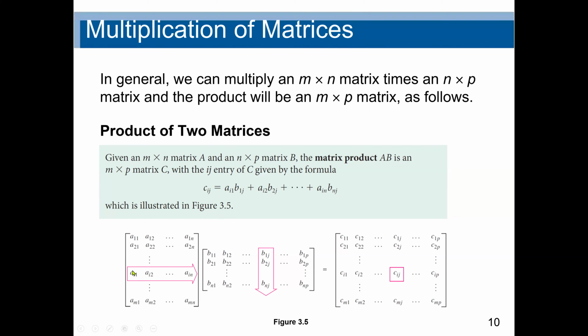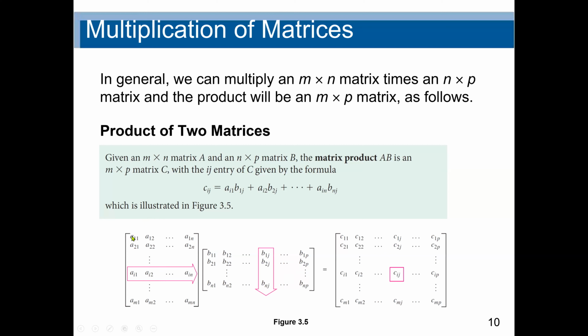So here, for example, I have matrices A and B. I'll check the number of columns here is 1, 2, up to n. And the number of rows is B1, B2, up to n. So the number of columns of the first matrix is equal to the number of rows of the second matrix. If that's the case, we can do our calculation.